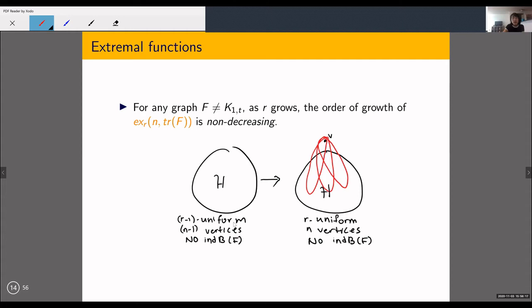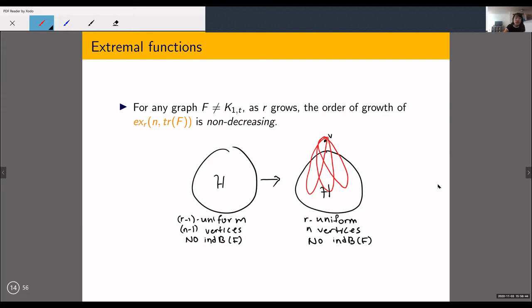Now I go from (r minus 1)-uniform to r-uniform, and I also have one more vertex. We claim that this also doesn't have a trace of F. If it did, this new vertex should be a representative vertex, and then that vertex is contained in every single hyperedge. But the only graph which has a vertex contained in every single edge is exactly this star.